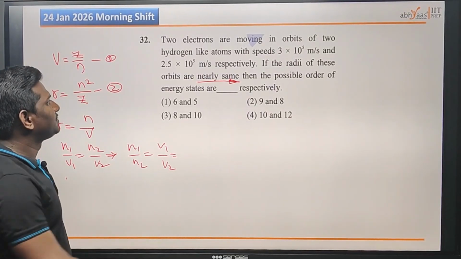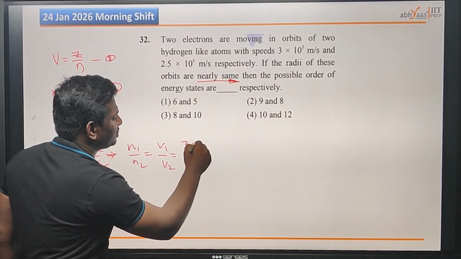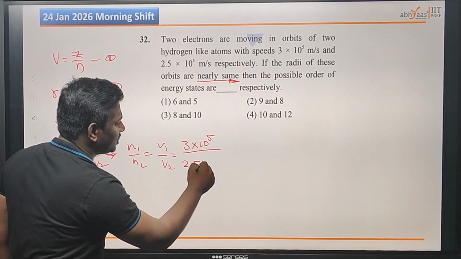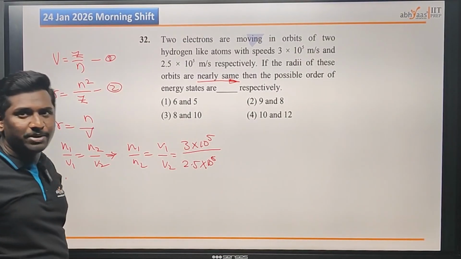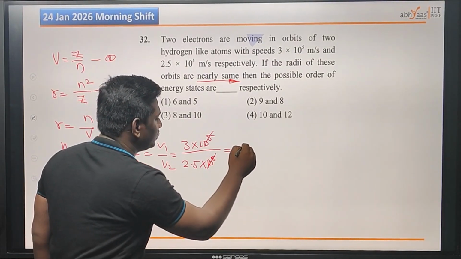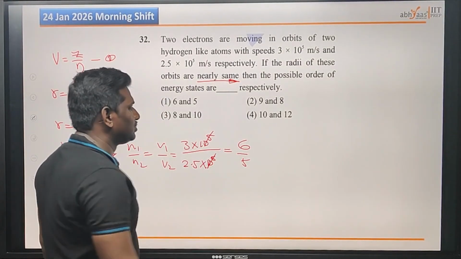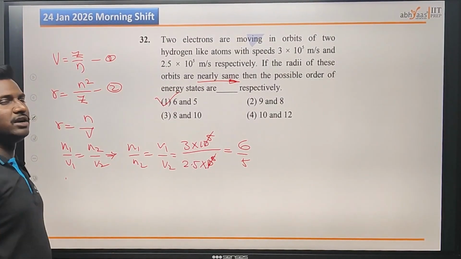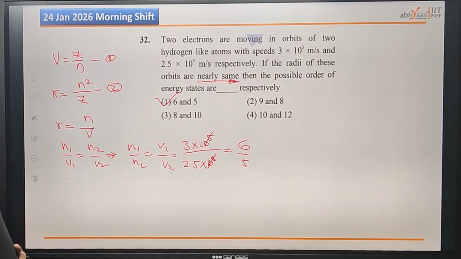What is v1? 3 into 10 to the power 5 meter per second and 2.5 into 10 to the power 5 meter per second. If you solve this, take this one. So 6 by 5. So these are our order. So 6 and 5 are the orders of the energy states.